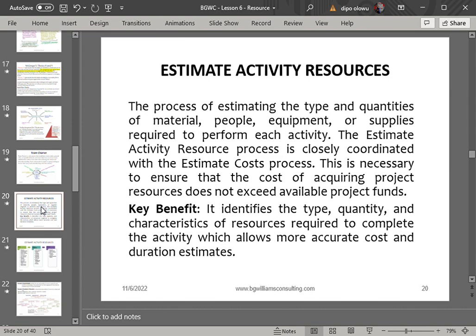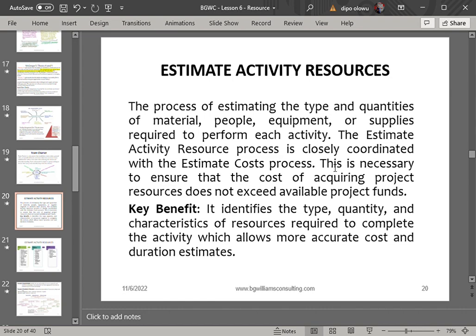The WBS becomes also very vital in this case. So we are going to estimate the activity resources. For all the activities or tasks that need to be performed, we need to sit down and begin to write out what type of resources we need for this activity and what quantity of resources we need to carry out this activity.